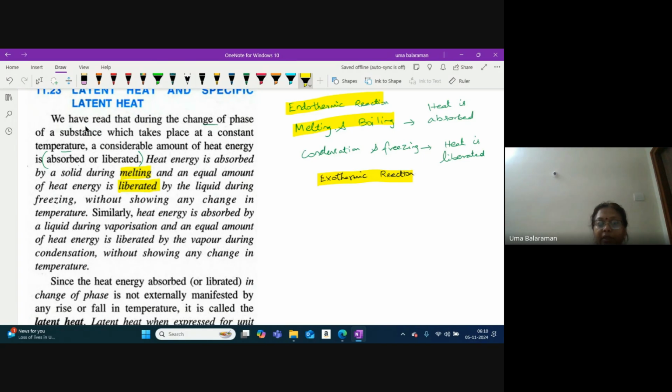And there won't be any change in the melting point or fusion point. So if ice is melting at 0 degrees Celsius, the melting point and the fusion point both will be 0 degrees Celsius. Same thing, boiling point and condensation point will be the same.